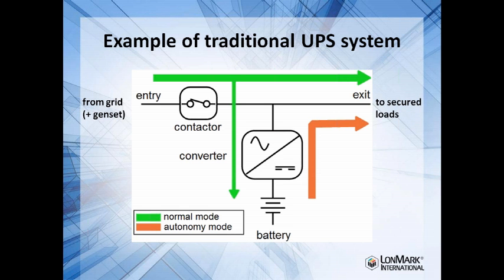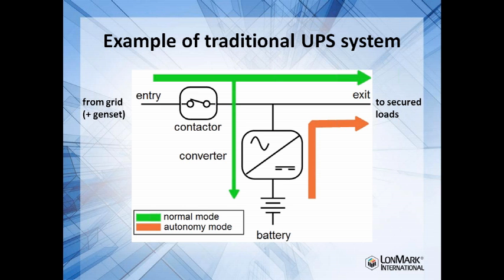Here we see an example of a traditional UPS system, where UPS stands for uninterruptible power supply. So this is something you might be using in Kathmandu and also in many other locations, of course.